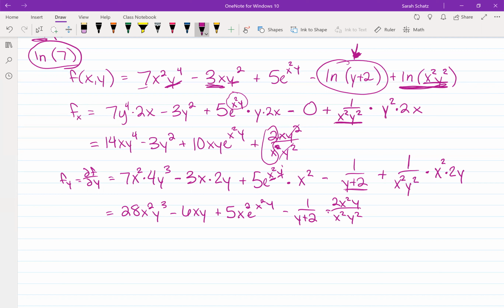And on this one, you can see some things canceling out. Let me make this a little more clear. That was a plus. So let's see, this time the x squareds go away. And you can take one of the y's away, and you end up with just 2 over y on that one.